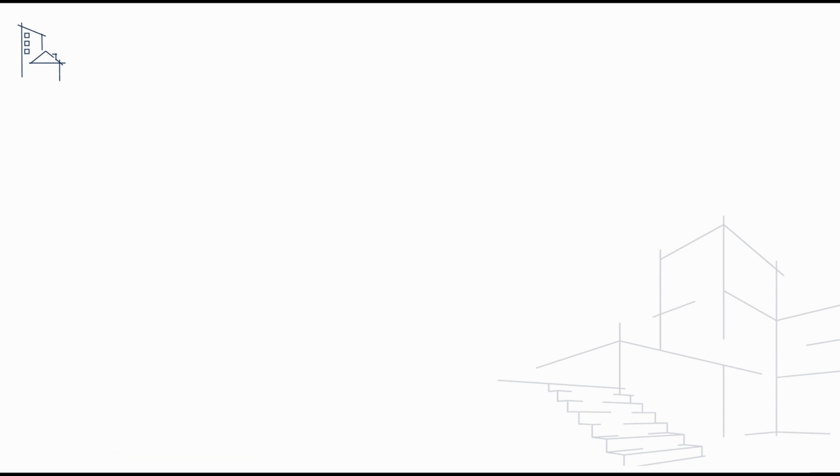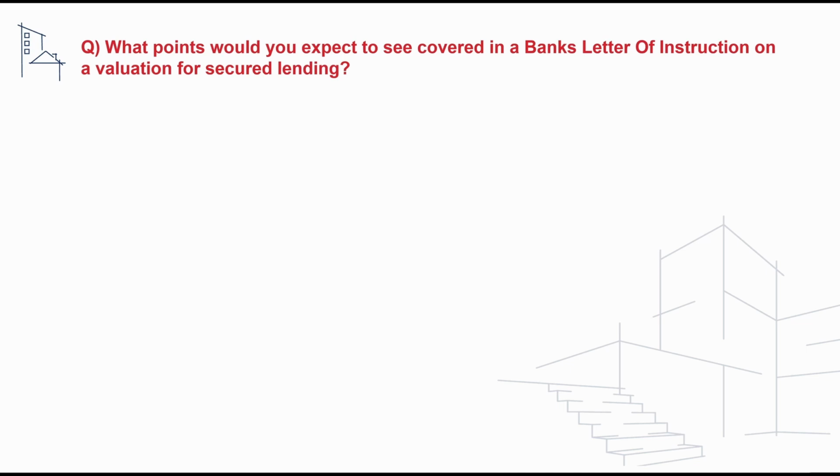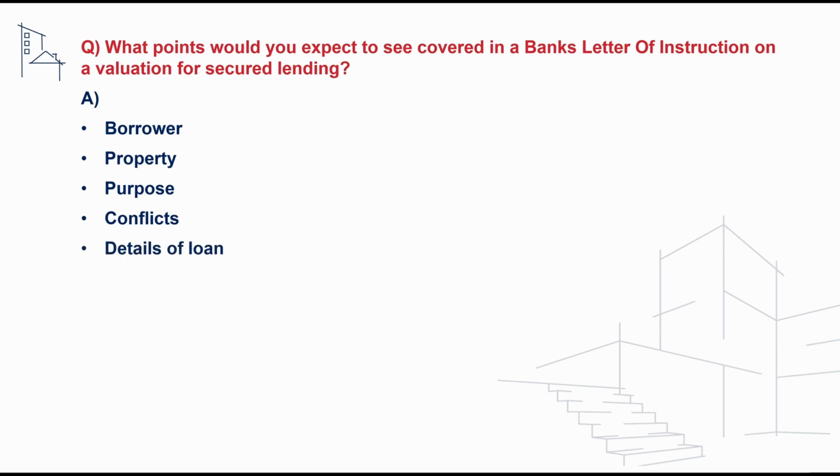The next question we'll take a look at is, what points would you expect to see covered in a bank's letter of instruction on a valuation for secured lending? And to answer this, we could say that we would expect to see details of the borrower, the property in question, the purpose of the valuation, details of any conflicts of interest, and details of the loan to be provided. We would also need to confirm who the report is to be addressed to.